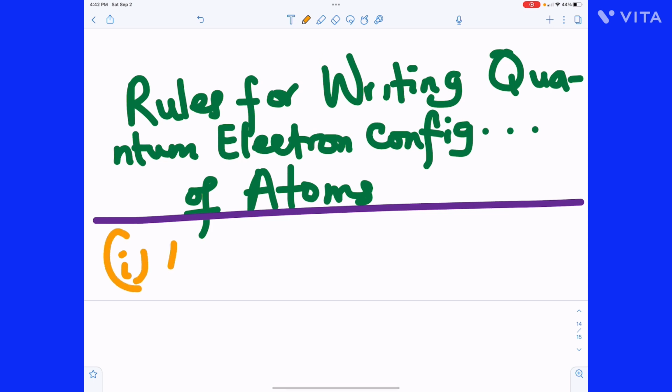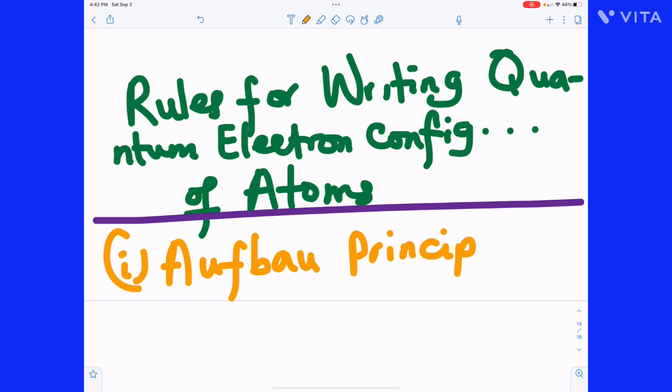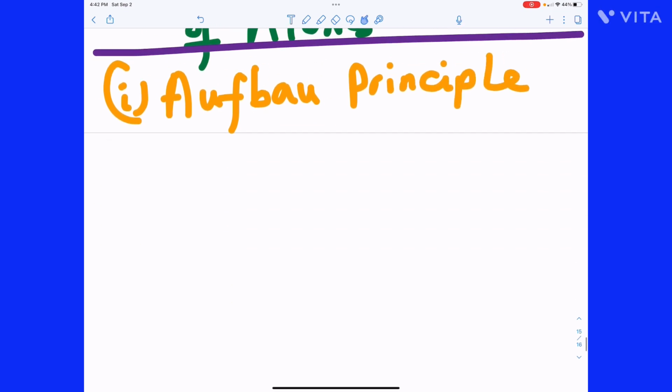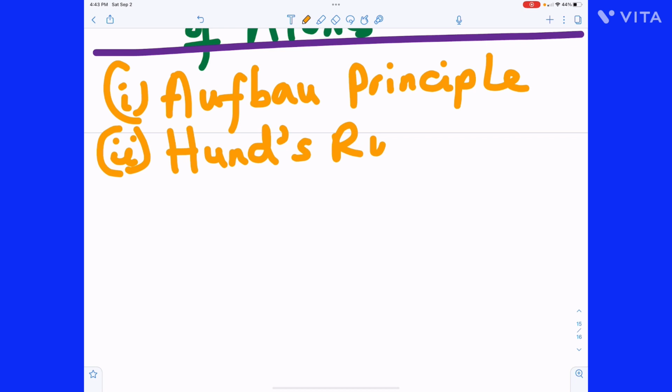The first one is called the Aufbau principle. Second one is called Hund's rule.